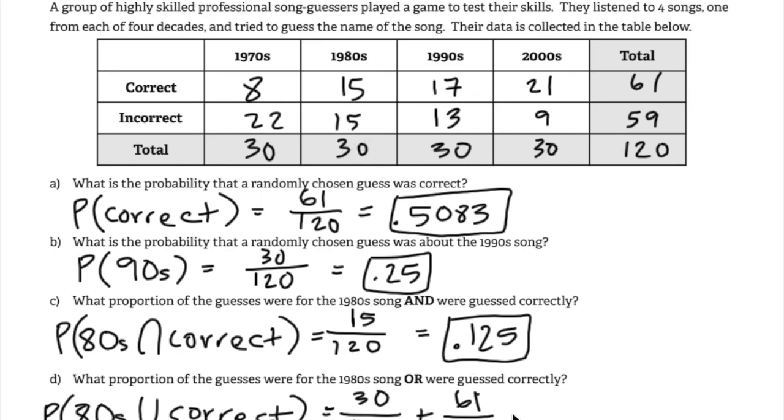So that third part of our OR formula says we're going to subtract the probability of both things being true, both 80s and correct. So there were 15 people who were in that both section, so 15 out of 120 we're going to subtract just to make sure those 15 people don't get counted twice. So we're left with 76 out of 120, 0.6333.